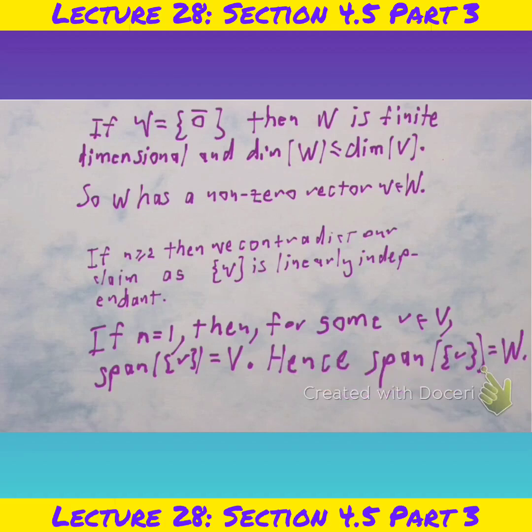So hence, because v is in capital W, the span of v is going to be the whole of capital W, because v spans the whole vector space V, right?